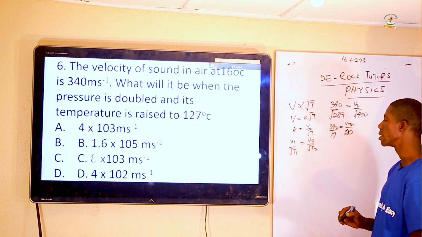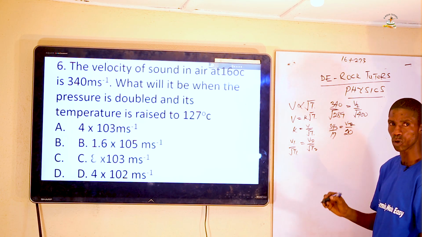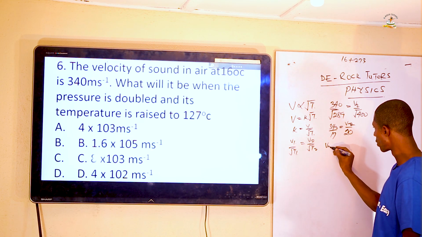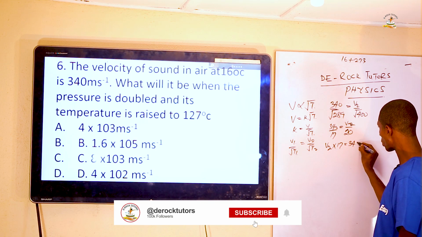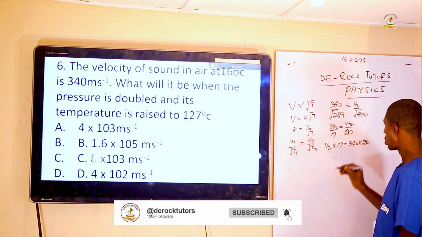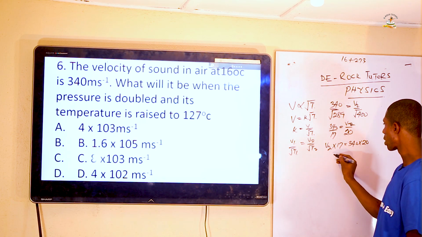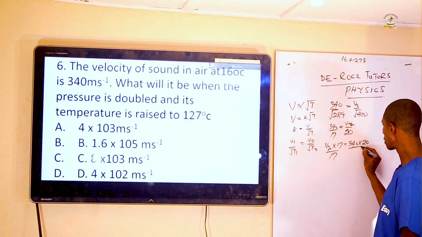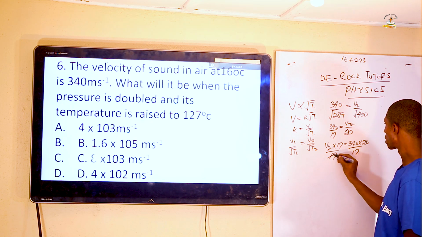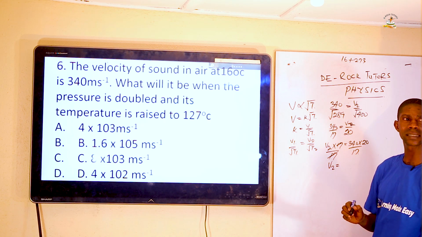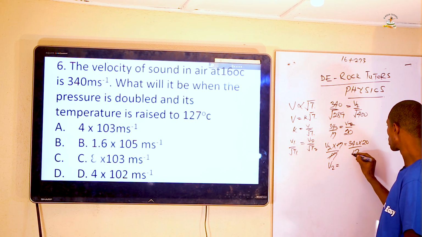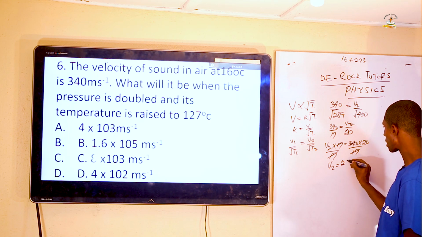So what I will have to do here is now to cross multiply. V2 multiplied by 17 equals 340 multiplied by 20. For me to get V2, I will have to divide both sides by 17. So here I will have V2 equals to, but how many times can this 17 go in 340? It will go 20 times.